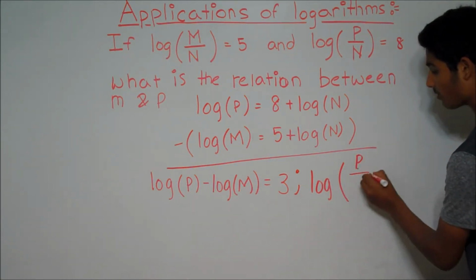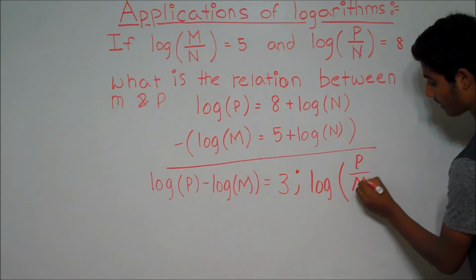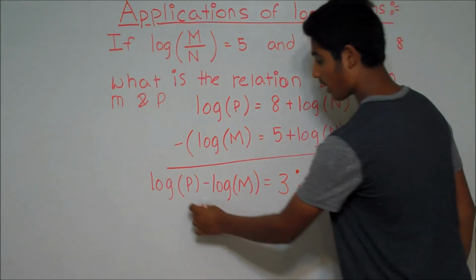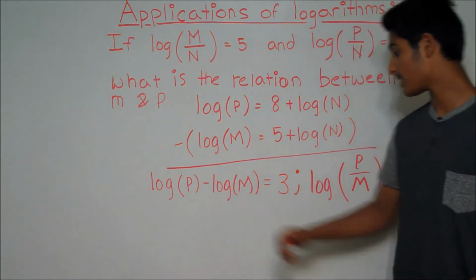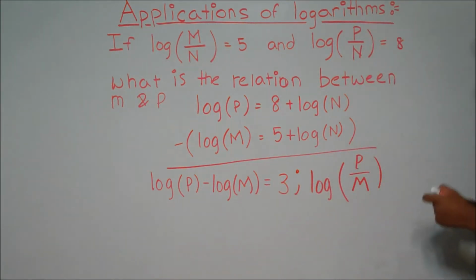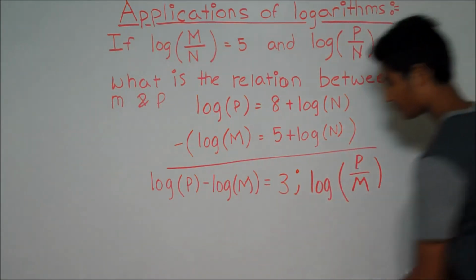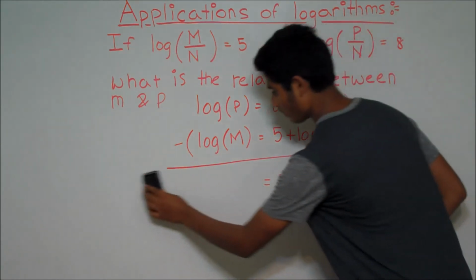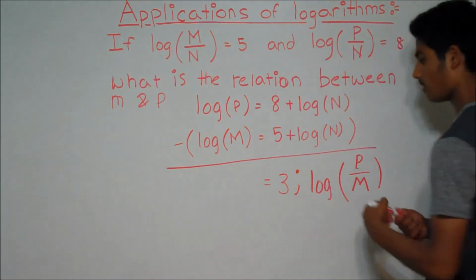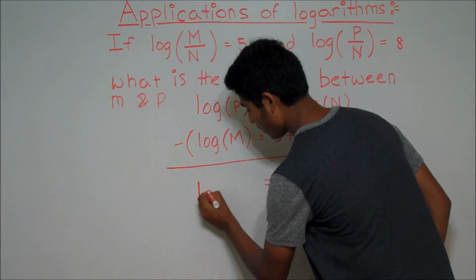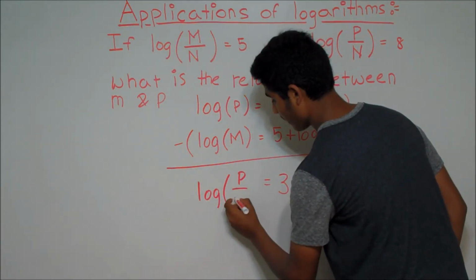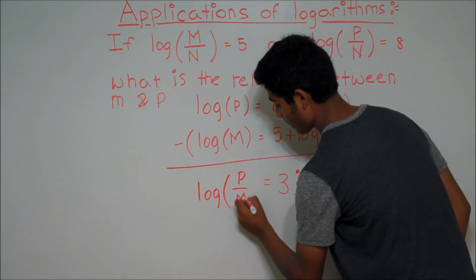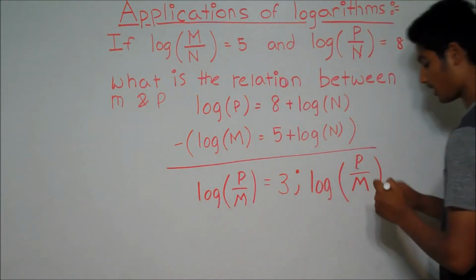So it would become log of p over m because these have the same base. So now let's rewrite this. We have log of p over m is equal to 3.